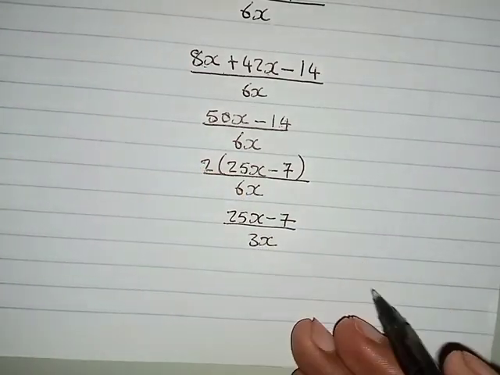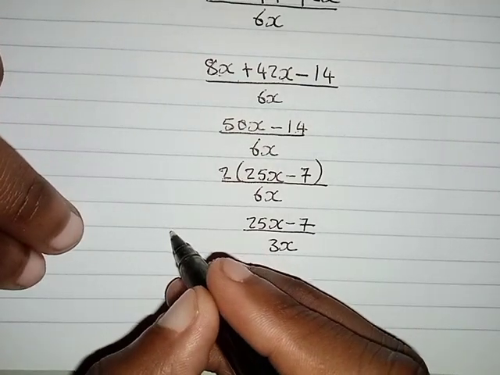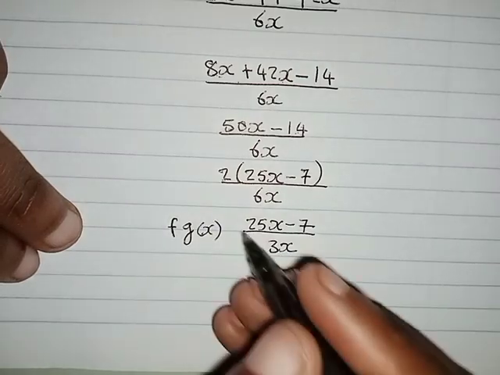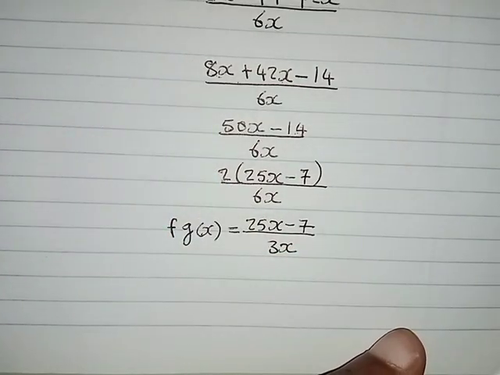So this is our final answer. We put the notation, f of g of x is equal to 25x minus 7 over 3x. This is our final answer. So this is how we simplify functions.